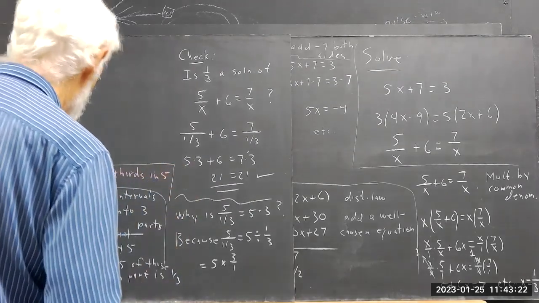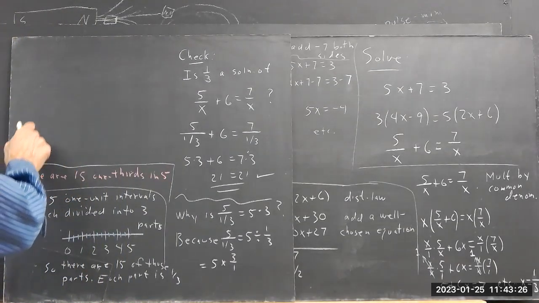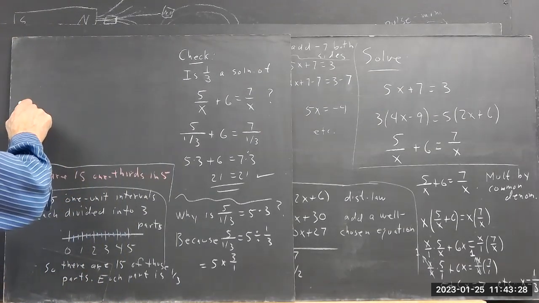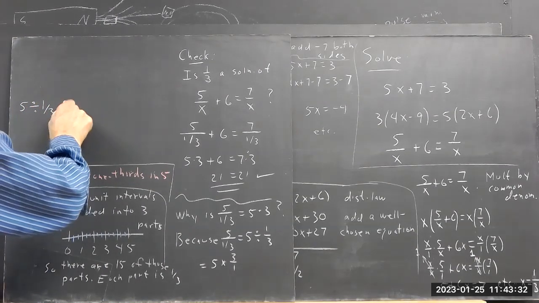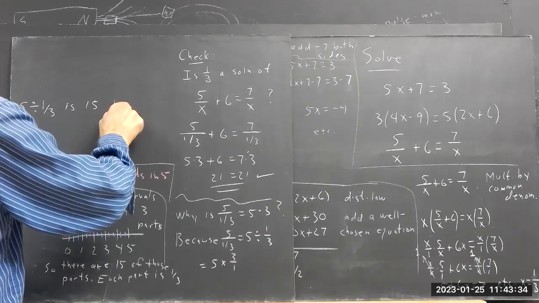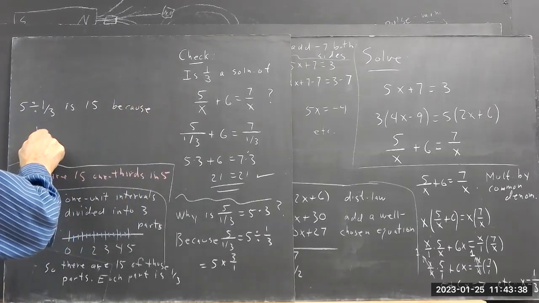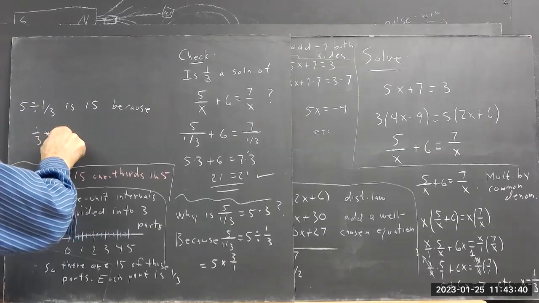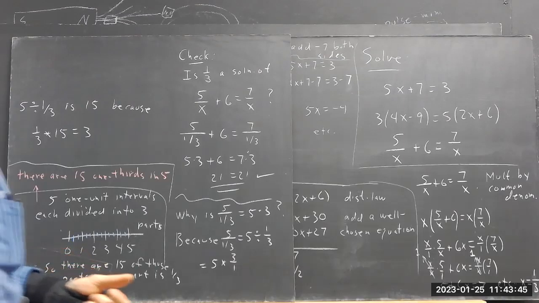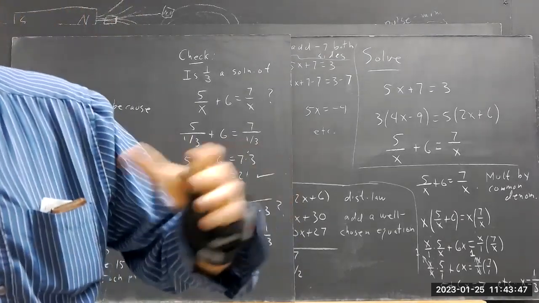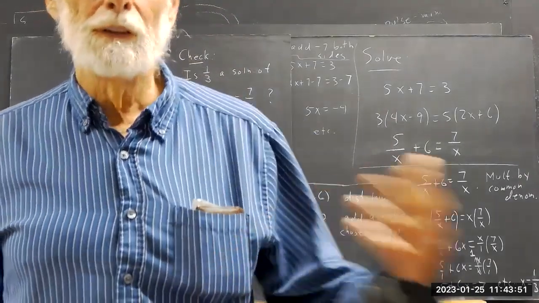But the other reason is also that 5 divided by 1/3 is 15, because 1/3 of 15 is 3. 10 divided by 2 is 5, because 2 5s is 10.